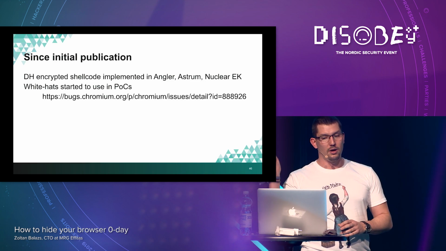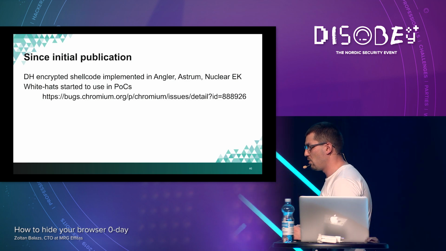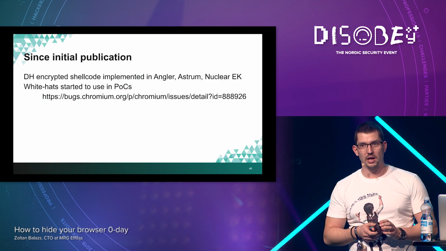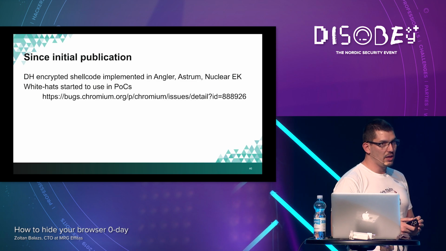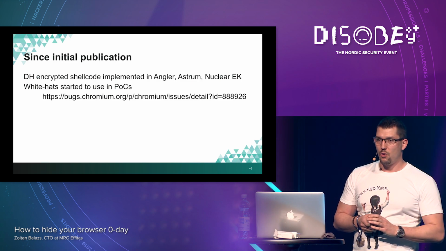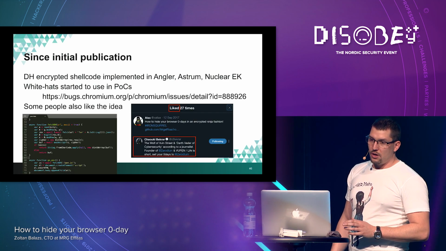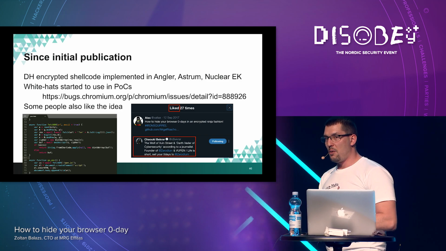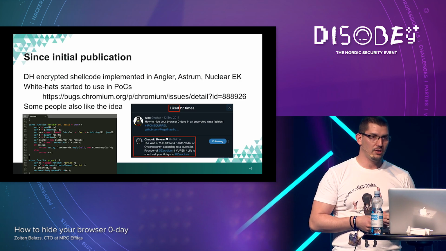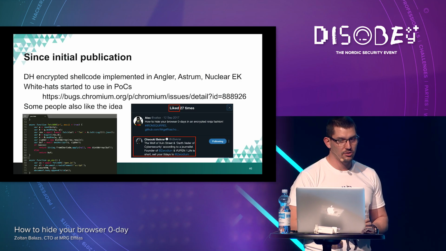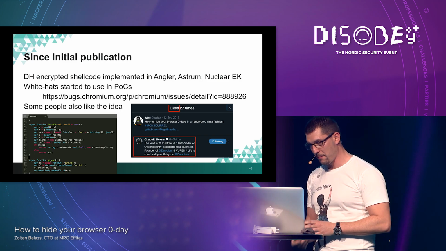And if you check this Chrome zero-day bug, you can see that the guys were using Diffie-Hellman encryption in that as well. I still don't know what was the main reason they were using it. Hopefully they will answer me soon. And it turns out that some exploit brokers also saw my research, and they liked the idea that they can protect their precious 0 days for a longer time.